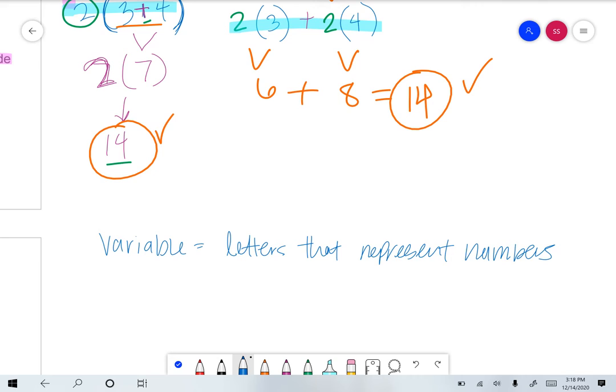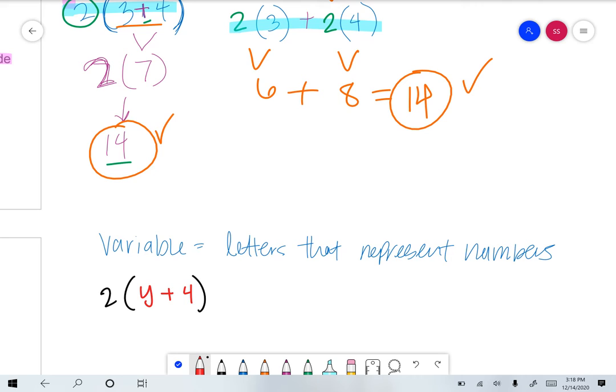So we would have something like 2 times, and instead of 3 plus 4, we have y plus 4. I'm not going to go into this discussion right now, but just trust me on this.